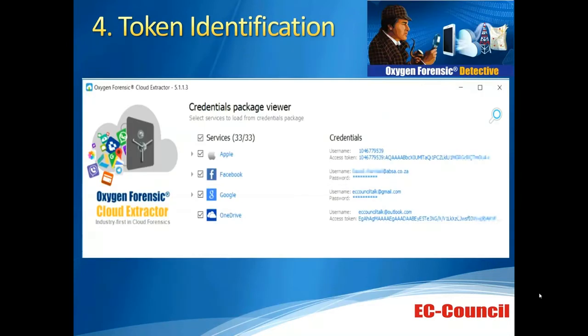Looking at Oxygen Forensic Detective, it identified and collected the following device tokens and user credentials: Apple device token, Facebook credentials, Google account, and a OneDrive device token.